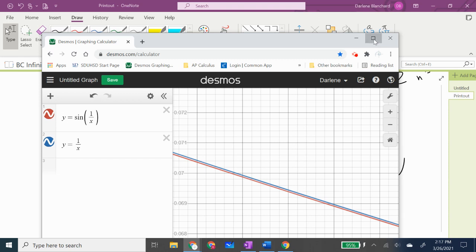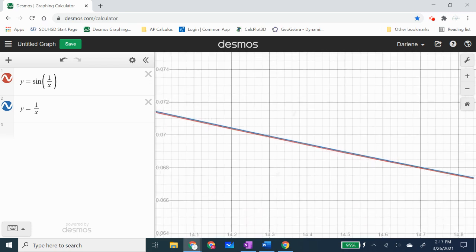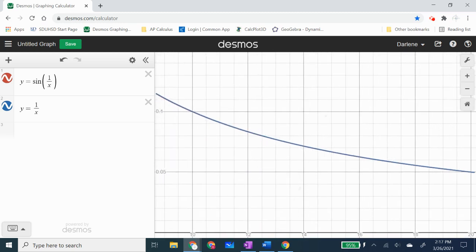I have this already zoomed in quite a bit to show you that while I'm wanting the red sine of 1 over x to be greater than 1 over x, that's not my situation. I'm seeing less than. And I have severely zoomed in on this graph. I'm going to now zoom back out a bit so you can see where we are looking.